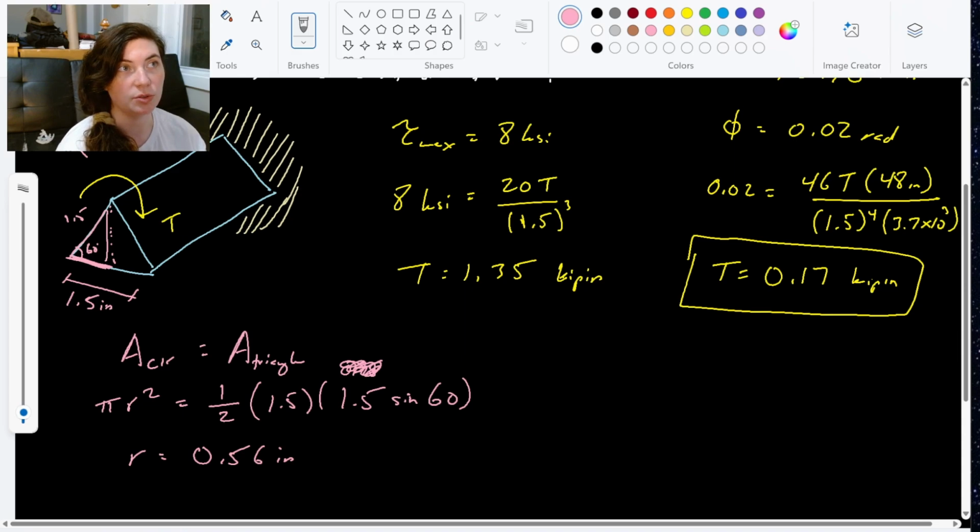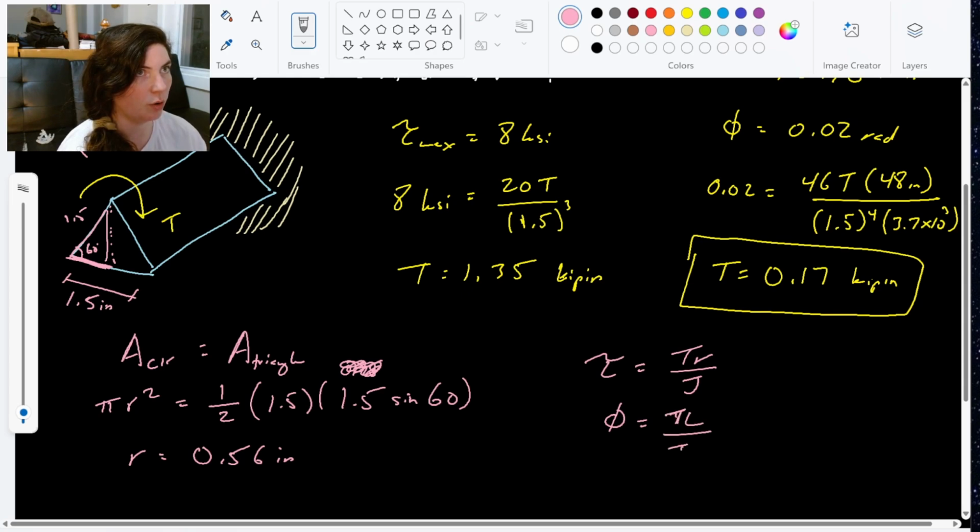So now we can compare how much torque we were going to get using our torque equations. We have that max shear stress equals torque times radius over J, and we have the angle of twist relationship, torque times length over JG. Technically we would need to test both of these to find out which is the limiting factor.